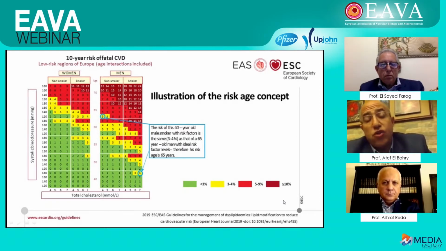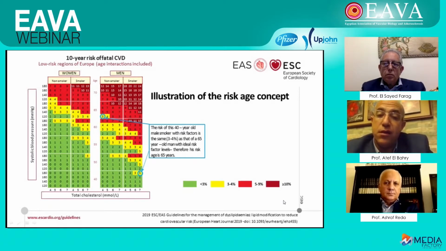For example, this chart, which is color-coded by dark red, light red, yellow, and green, we can appreciate here the importance of age. If we look here, we can appreciate that the risk of this 40-year-old male with smoking as a risk factor is the same as the 65-year-old man with ideal factor levels.